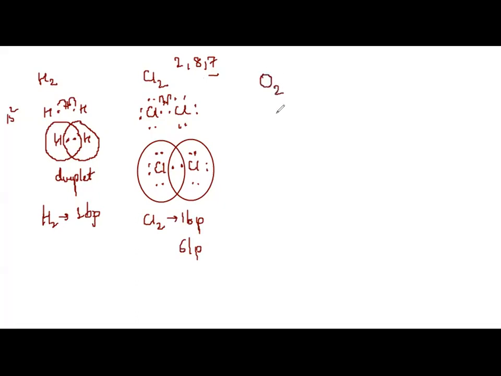Oxygen molecule. For oxygen molecule, I need 2 oxygen atoms and oxygen atomic number is 8. So it is 2, 6. That means outermost shell valence electrons are 6. So I will write 1, 2, 3, 4, 5, 6. And similar here. Correct? 6.